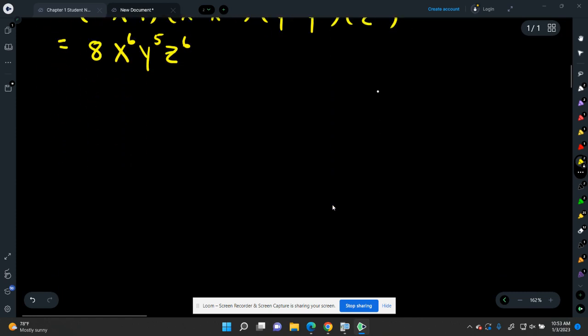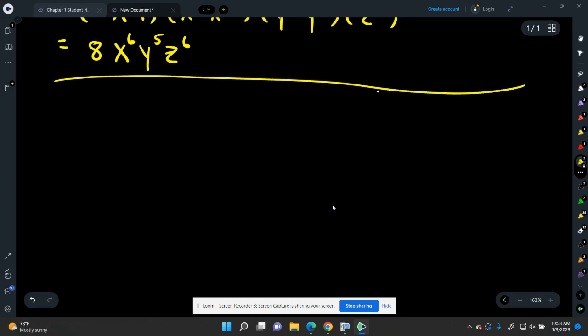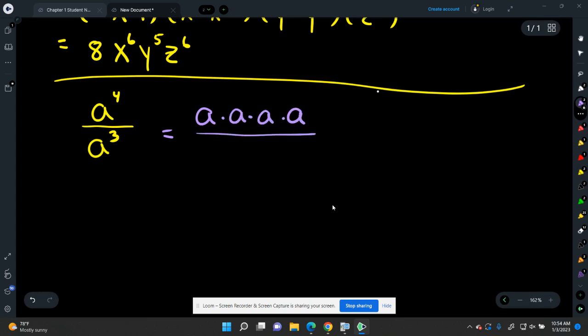Okay. Let's look at division. So let's say that we had a to the 4th over a to the 3rd. Well, that means I have 4 a's on the top and I have 3 a's on the bottom.